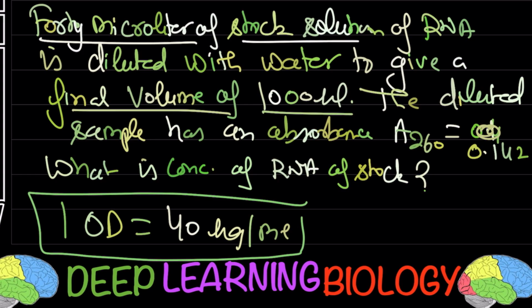So you have 40 microliters and you make the final volume 1000. What is going to be the dilution factor? 1000 divided by 40. The diluted sample has an absorbance at 260 of 0.142. What is the concentration of RNA of the stock?